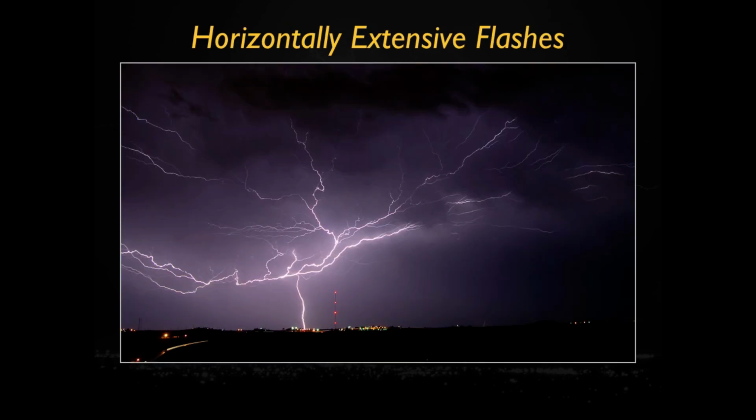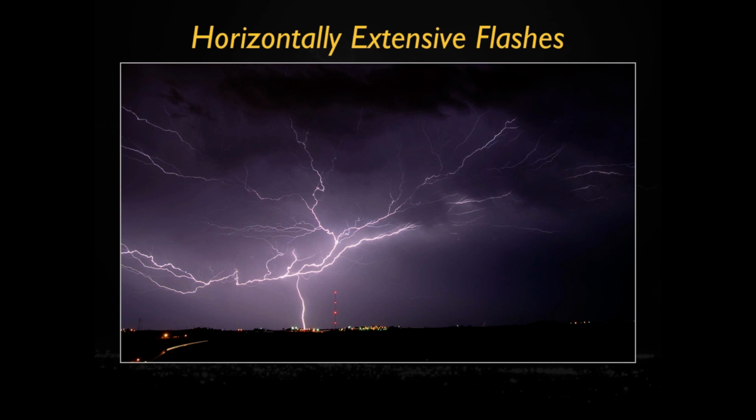So now we'll talk about horizontally extensive flashes, and these flashes are typically present during the decaying portions of storms, usually when storms mature into multicellular clusters that have fairly large areas of coverage.